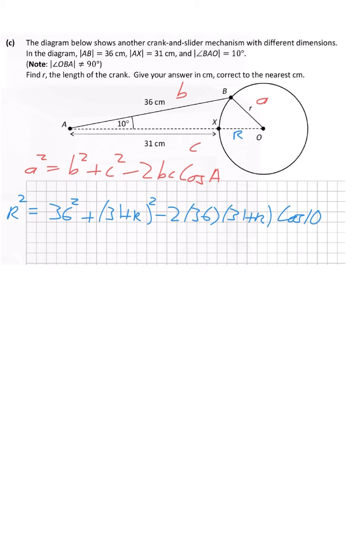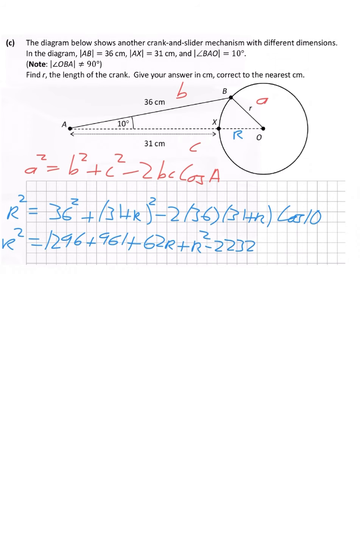Okay, so let's start working this out. R squared will be equal to 1296, and expanding the brackets, 961 plus 62R plus R squared. Then minus 2 times 36 is minus 72, and minus 72 times 31 is minus 2232.